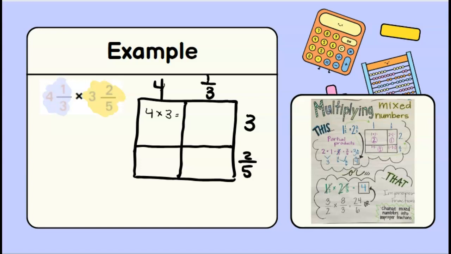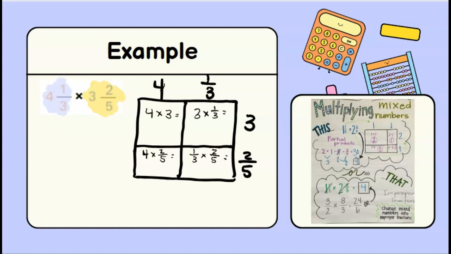Here, I'm going to multiply the integer and the fraction, 3 times 1/3. In this box, because it lines up with the 4 and the 2/5, I'm going to multiply 4 times 2/5. And in this box, I'm going to multiply 1/3 times 2/5. I'm going to do all of that math before moving on to my next step.